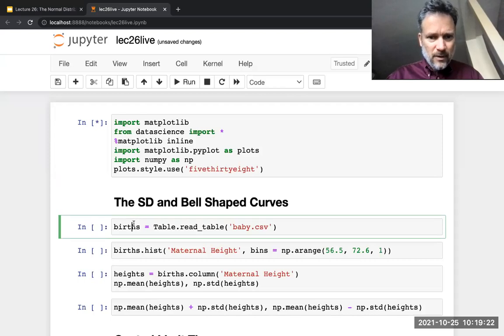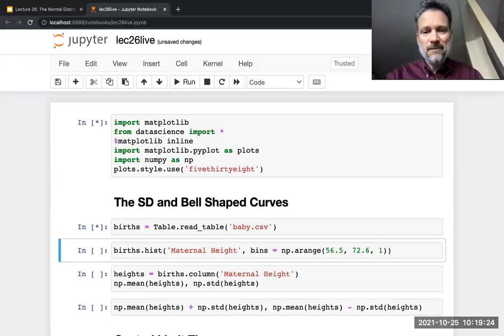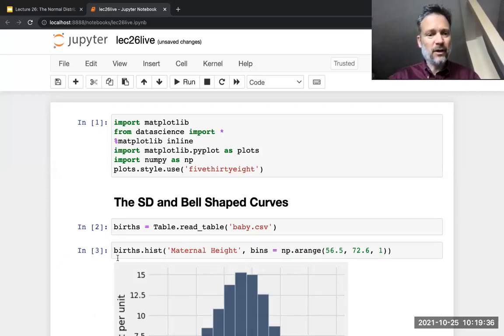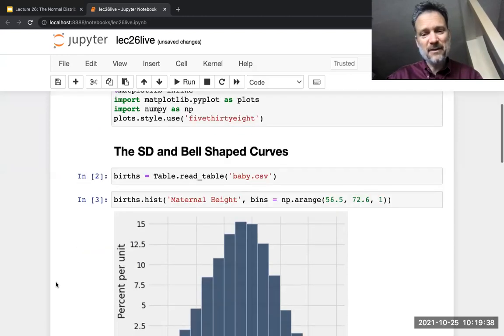Okay, so here we have the weights of babies at time of birth, and we also have information about the mothers, and we're going to look at a histogram of the heights of the mothers.